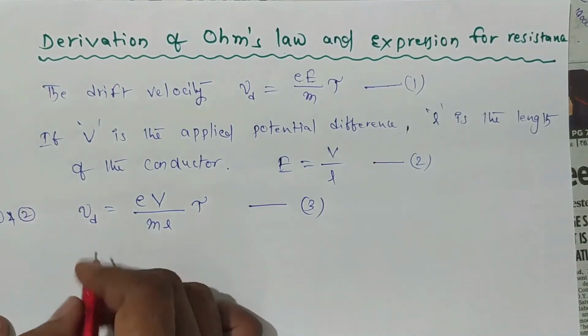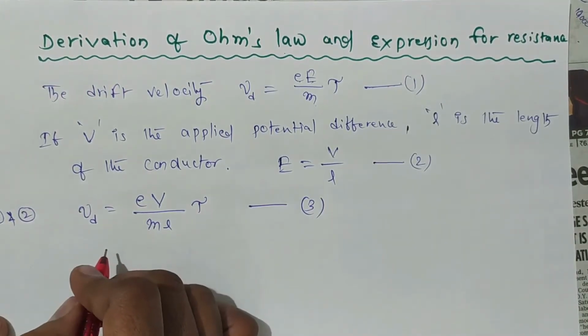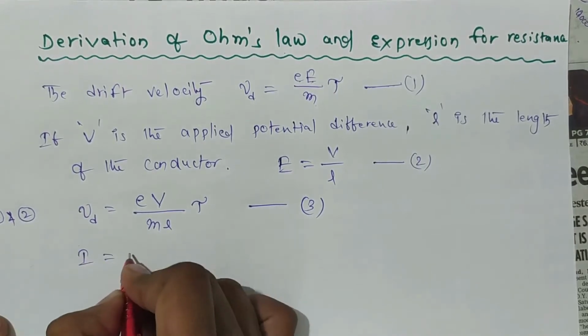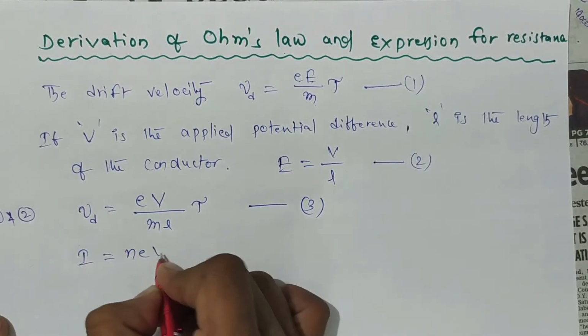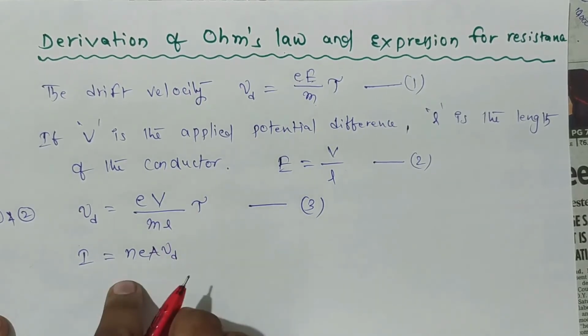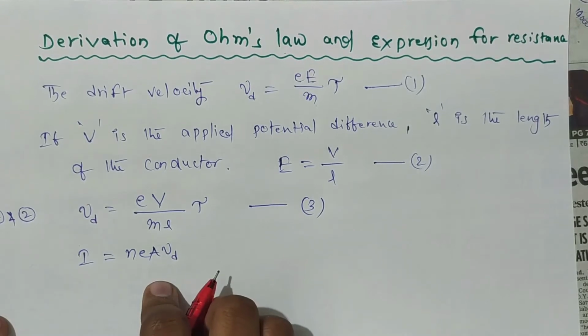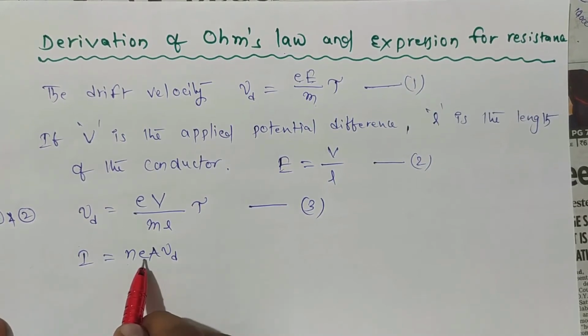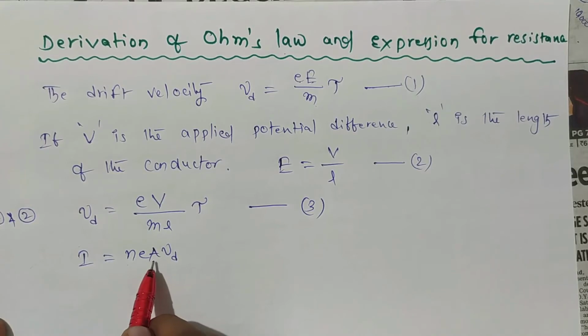But we know the current in terms of drift velocity from the previous class, I is equal to n e A Vd. Here n is the number density, that is the number of free electrons per unit volume, e is the charge on the electron, A is the area of cross section of the conductor, and Vd is the drift velocity.